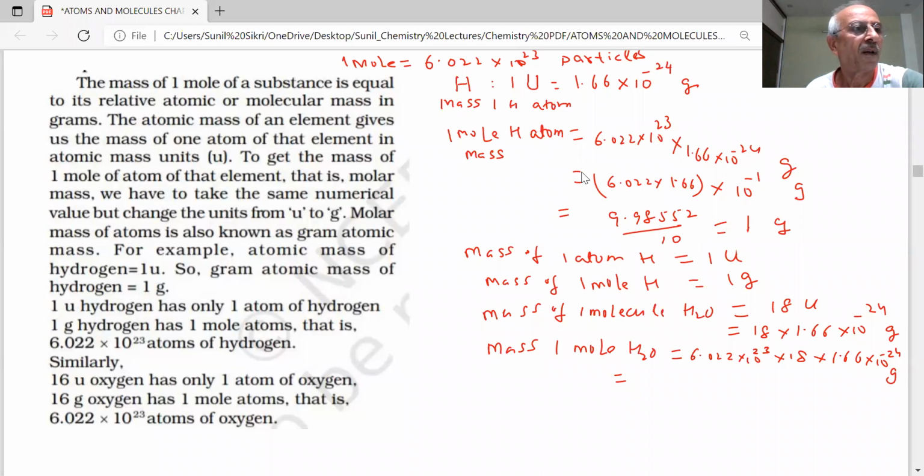So this becomes 6 13 17. 14 13 3 9. This becomes, see, 5 decimal places.